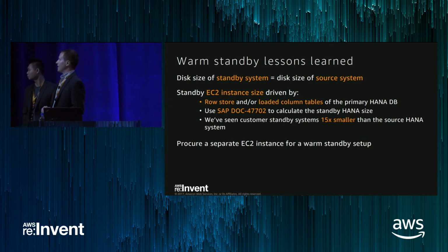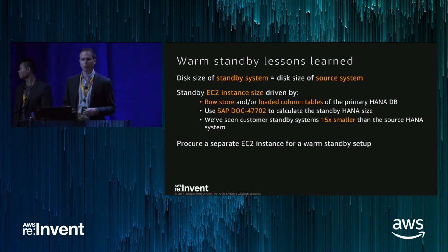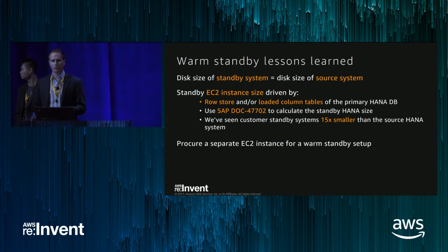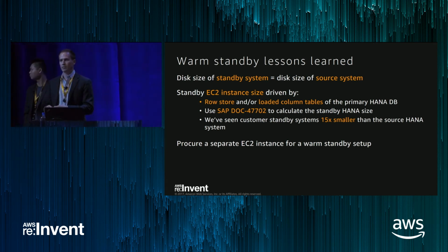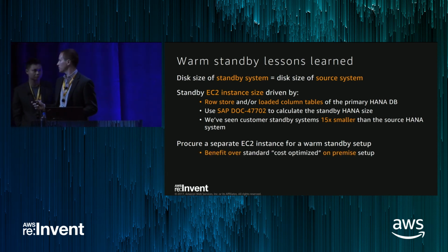And then lastly, also a remnant, and this is what we were talking about a little earlier, in your cost optimized setup on-premise, you're constantly seeing dev or QA systems being used for your disaster recovery. But what you want here is to stand up a separate EC2 instance for that.